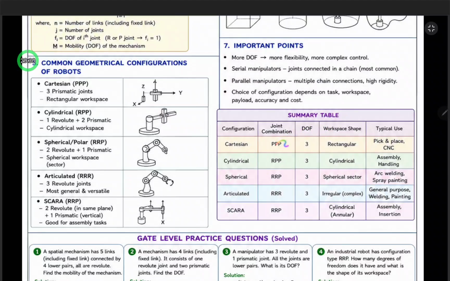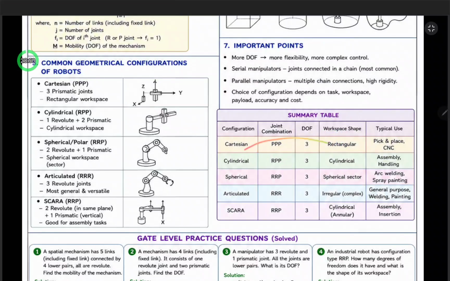Here the joints are PPP, meaning all are prismatic, and here revolute, prismatic, like that. Spherical and SCARA are almost the same, articulated is RRR, cylindrical is RPP, and Cartesian is PPP. Degree of freedom for all is 3.